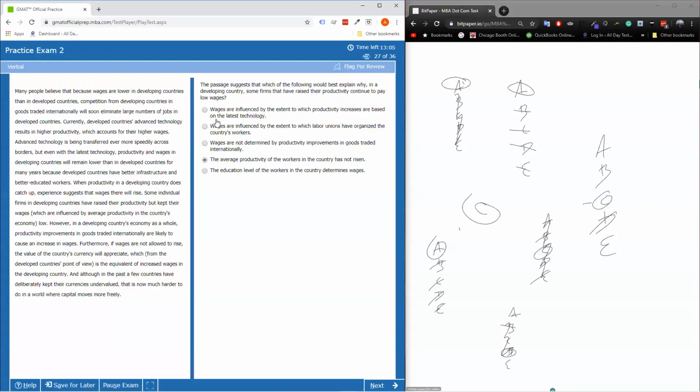I think D. Some individual firms in developing countries kept their wages low because they're like that.